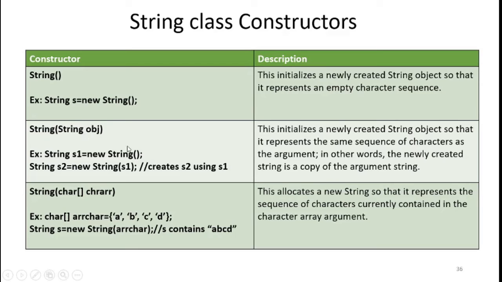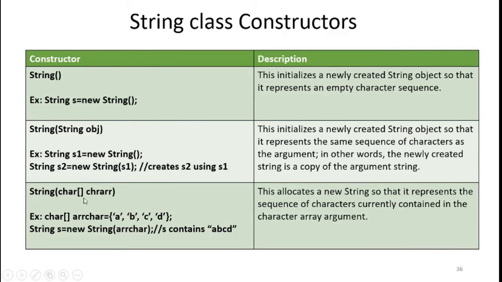It initializes a newly created string object so that it represents the same sequence of characters as the argument. So whatever value you are storing into S1, the same sequence of characters will be in S2. In other words, the newly created string is a copy of the argument string.